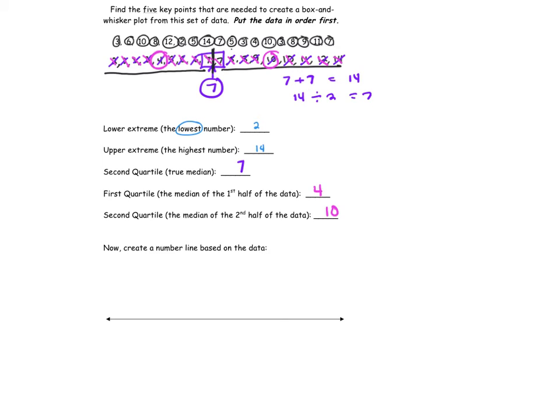With this data, 2 to 14 is not that much of a range. So we usually like to use a number before the data begins and a number after. So that means that we're going to try to build 14, or 15 rather, lines here. So we could go with a scale of 1, but we could also go with a scale of 2. And that's going to cut down the number of lines we need to make.